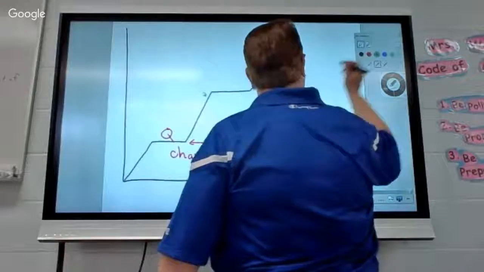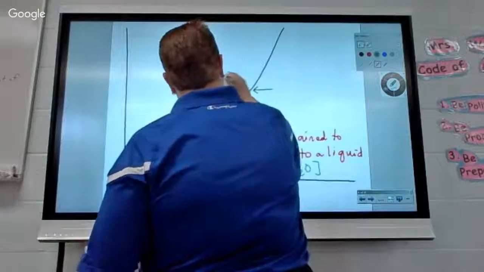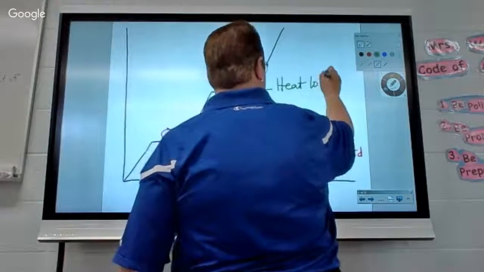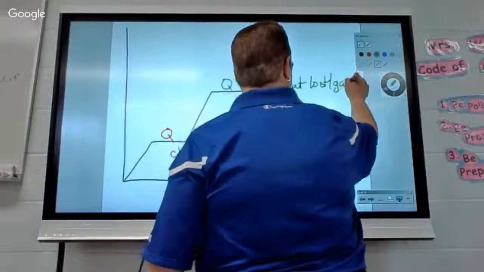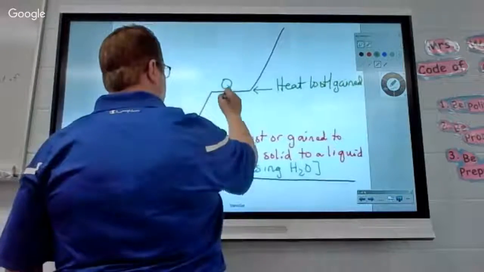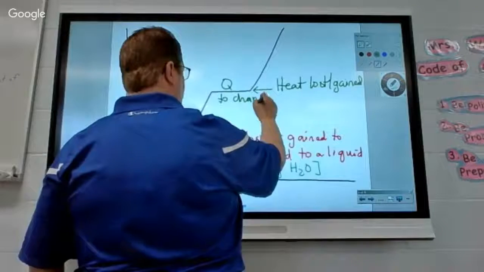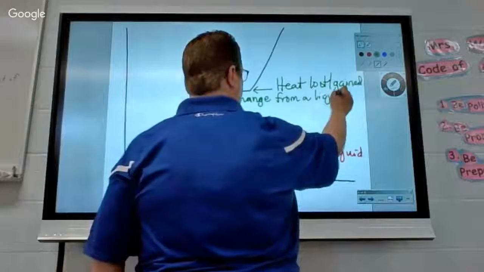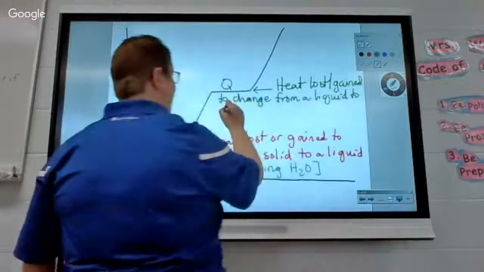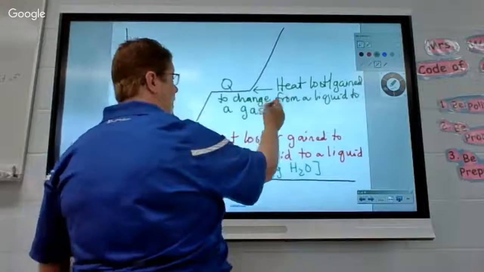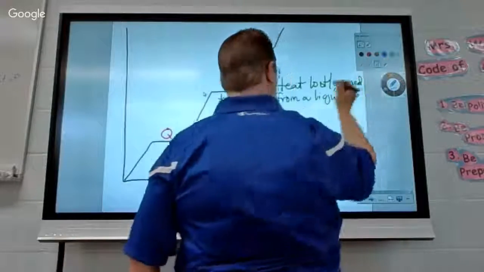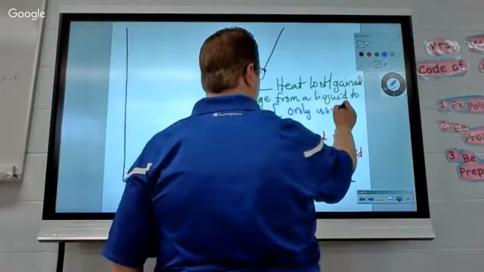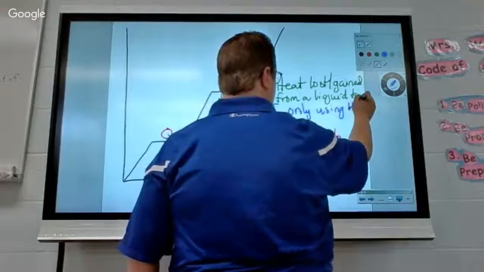All right? So this Q is the heat lost or gained to change from a liquid to a gas. And again, we're only using water.